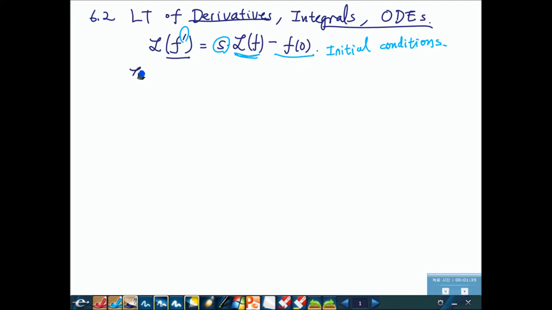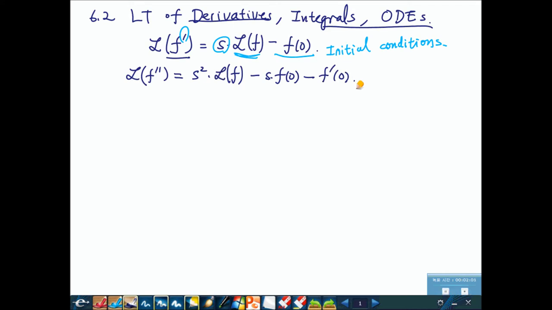You're subtracting the initial conditions. Let's move on to the next order, f double prime. Since it's a 2, you have s squared times the Laplace of the original function, minus s times f of 0, minus f prime of 0.